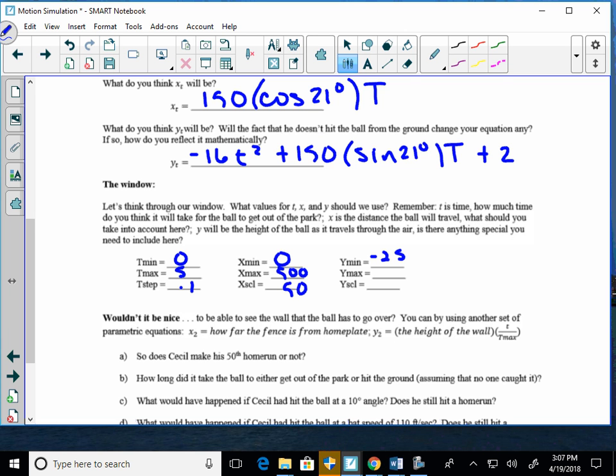Y max. How high up do you think that ball can be hit? Not the wall, but the ball. 100 feet? How about 50 feet?